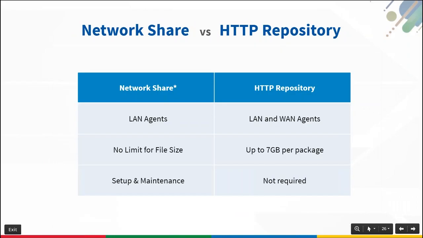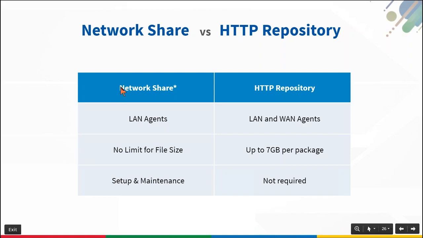Okay, let's have a quick look at the difference between network share and HTTP. Network share is mostly applicable only for local agents, which are the agents in the LAN. An HTTP repository is applicable for both the machines in LAN and WAN, so you can very well go for the HTTP repository, which is applicable for both.